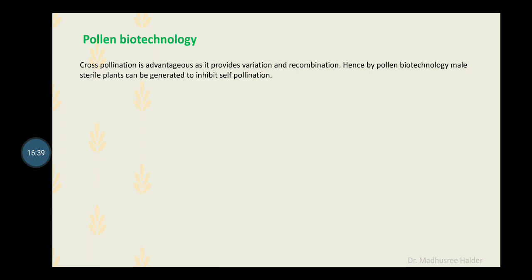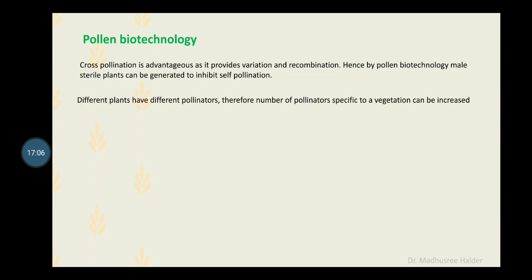Hence, by pollen biotechnology, male sterile plants can be generated to inhibit self-pollination, because if a plant self-pollinates, this plant loses variation, and to create new variation, cross-pollination is very important.